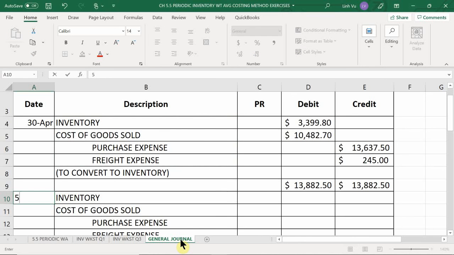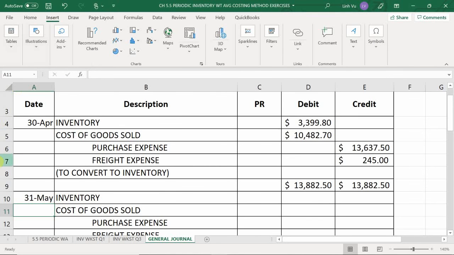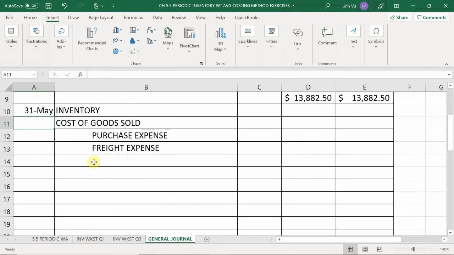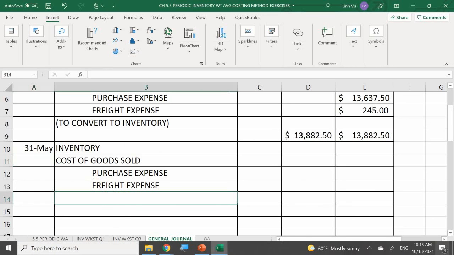So again, it is 531. Okay. I have my ending inventory, cost of goods sold, purchase expense, freight expense, and then I have my beginning inventory. Okay, very important that you recognize that. Or my beginning inventory, excuse me. Okay.